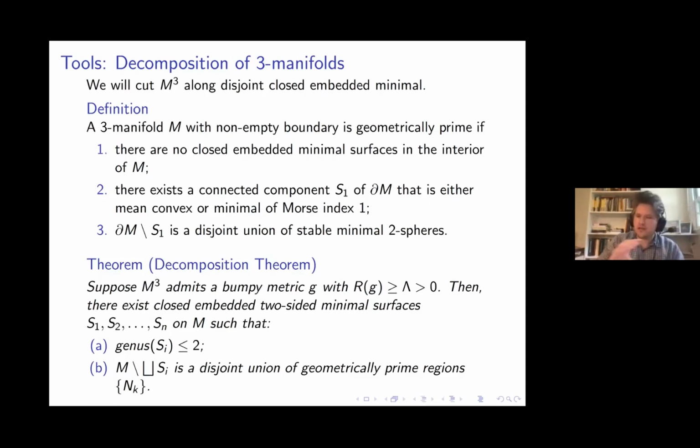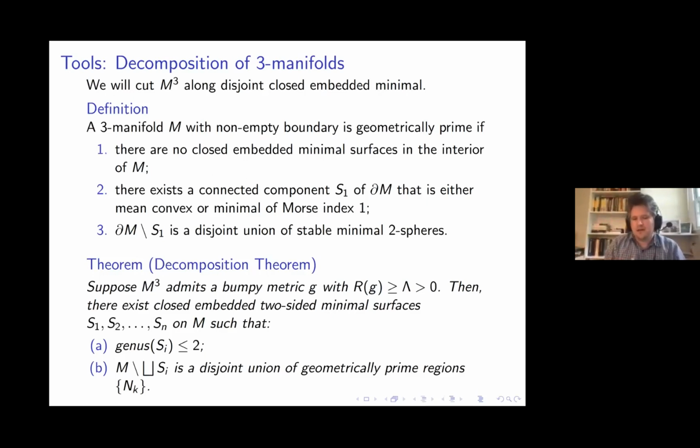Basically, it tells you that you don't have a one parameter family of surfaces, because that would be bad. If you imagine a cylinder where you have infinitely many slices, which are all stable minimal two-spheres, which one do you cut? You have to cut all of them. You keep cutting forever. But if you just perturb the metric a little bit, that round cylinder becomes a little bent, and then you have only one surface there that you cut.